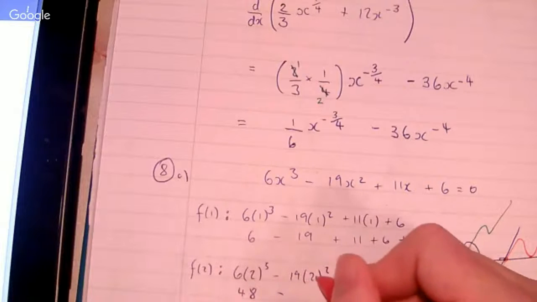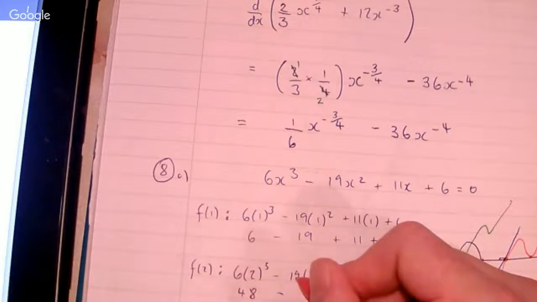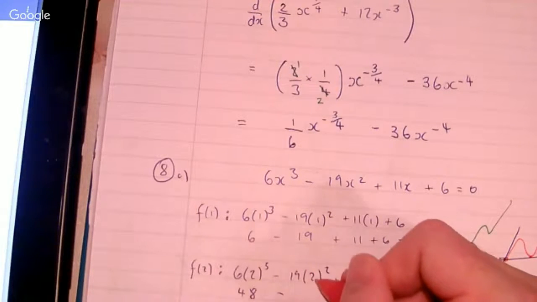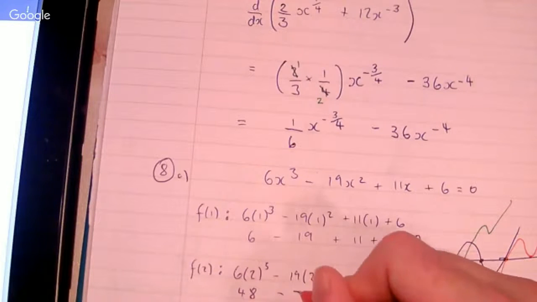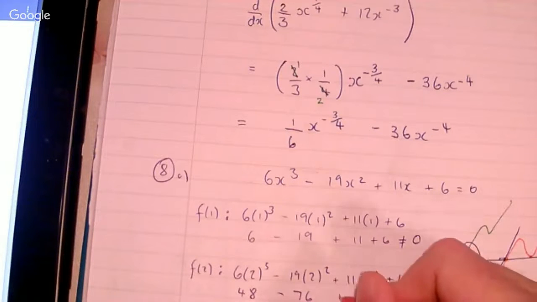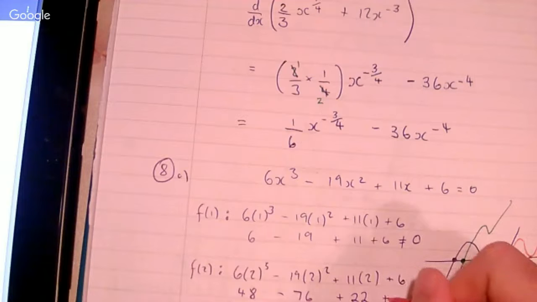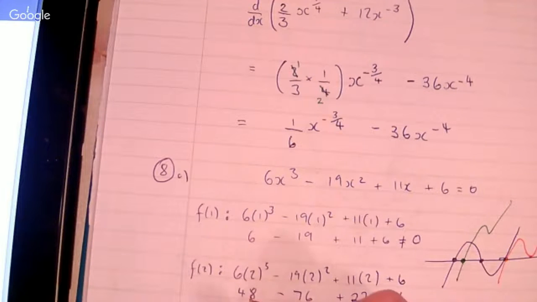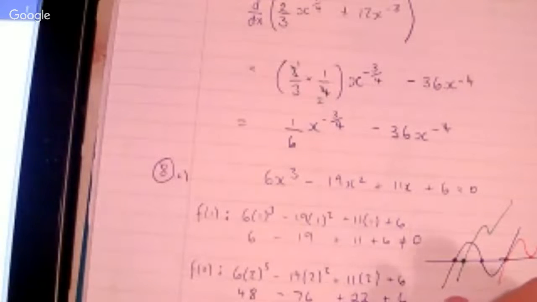Minus 2 squared is 4, times 19 is, 19 times 2 is 38, and double that is 76, plus 22, plus 6. If we take the positives, 48 plus 22 is 70, add the 6 is 76, and then 76 take away 76 is equal to 0. That's all good. So we know that x equals 2 is one of my answers.